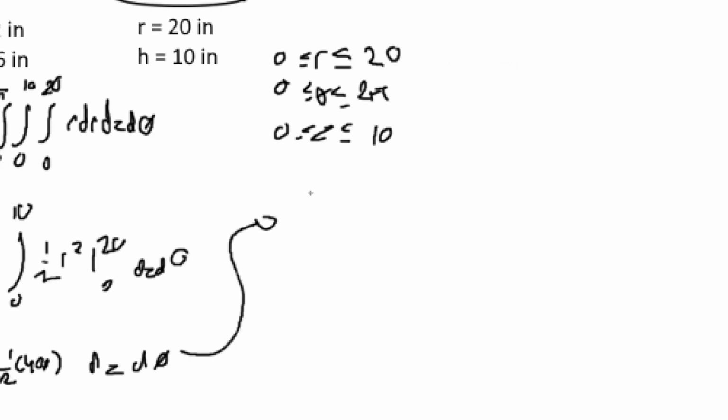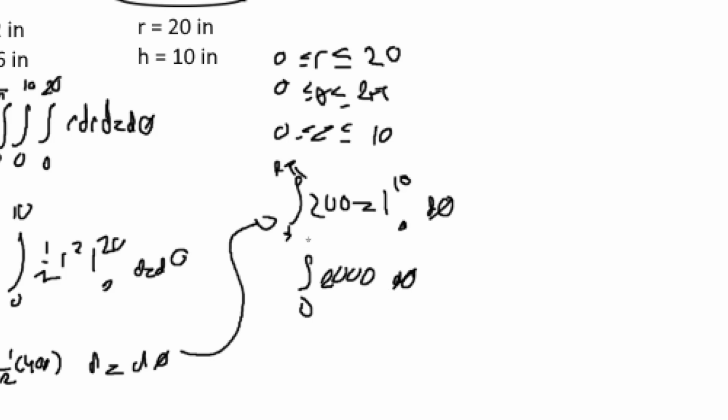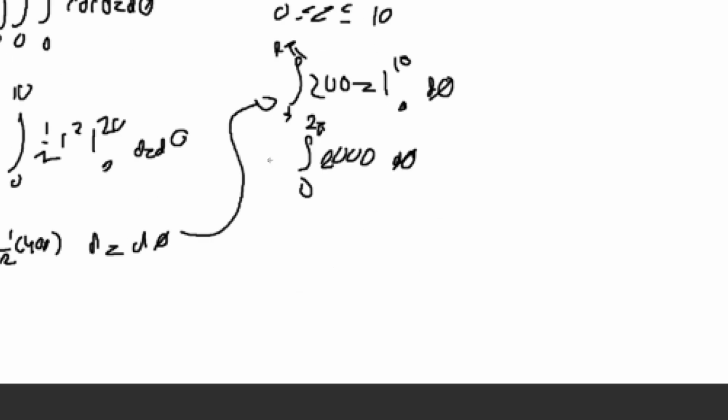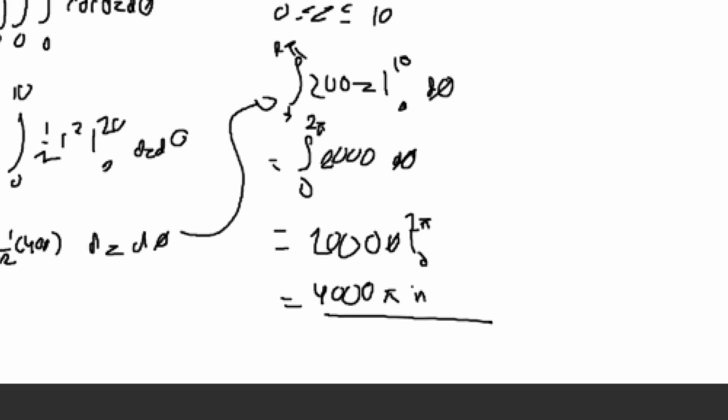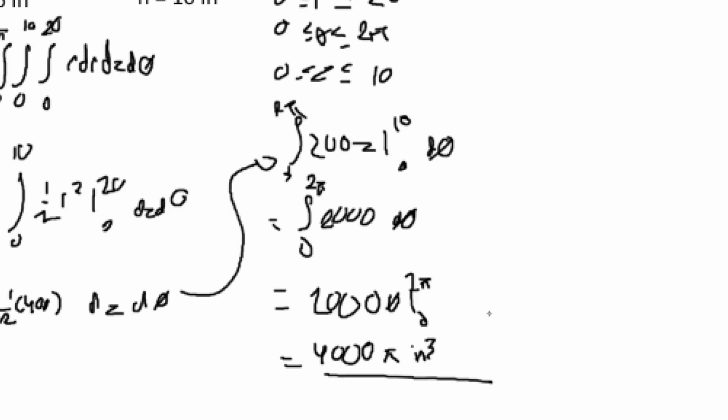So it will be 200 z evaluated from 0 to 10. This integrated from 0 to 2 pi d theta, that'll be 2000 d theta, 0 to 2 pi, which will be 2000 theta, wow, that's a funny looking thing, evaluated from 0 to 2 pi, which is 4000 pi. And that is your answer.